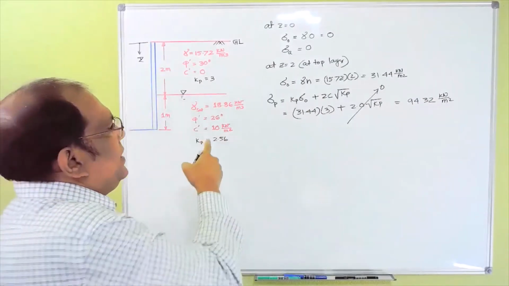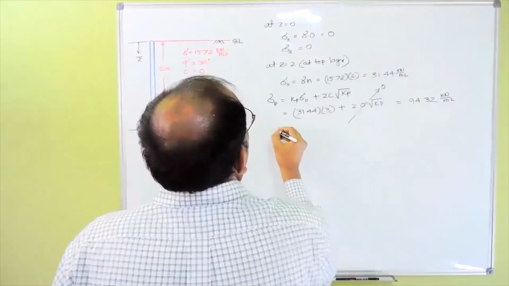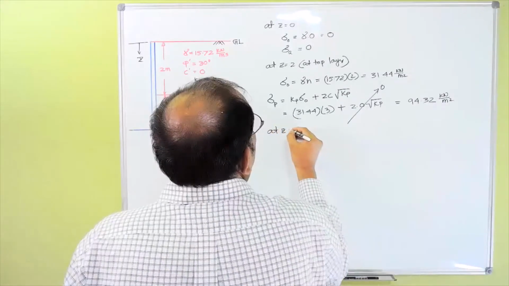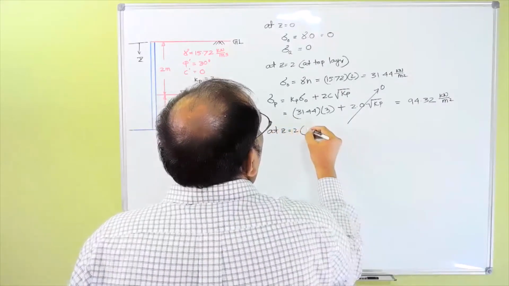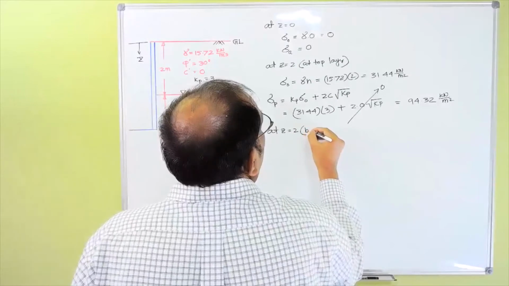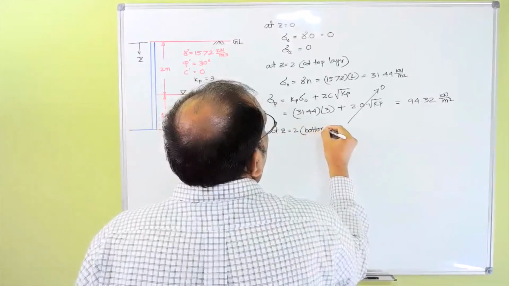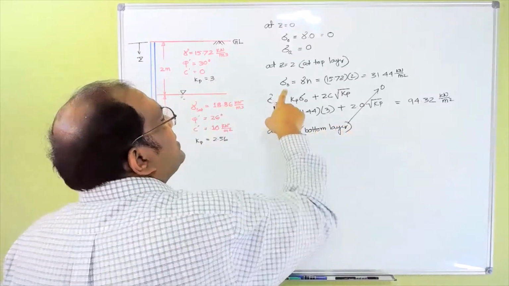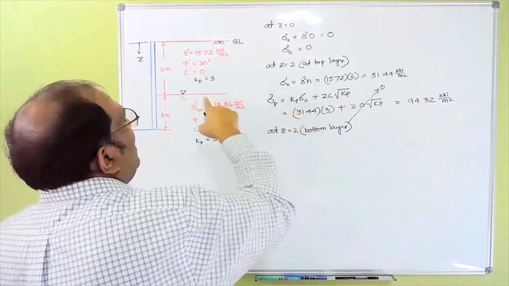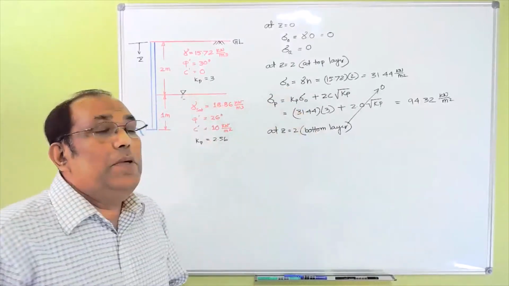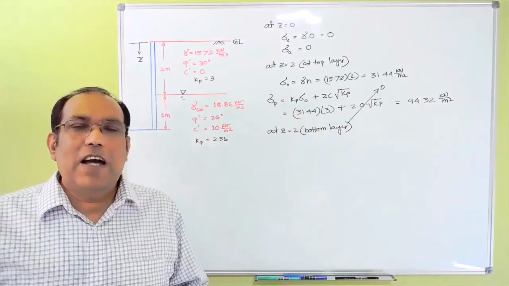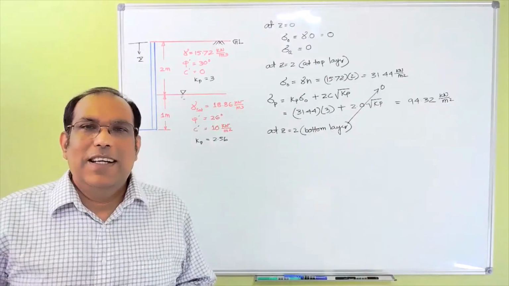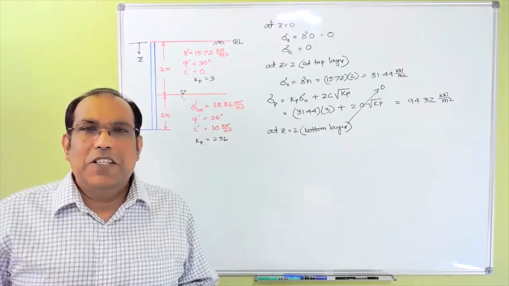Now, if I go a little bit down, at Z equal to 2 but for the bottom layer, my sigma naught overburden pressure remains the same just above and below here, because this distance is infinitesimally small. So the vertical pressure is not going to change.